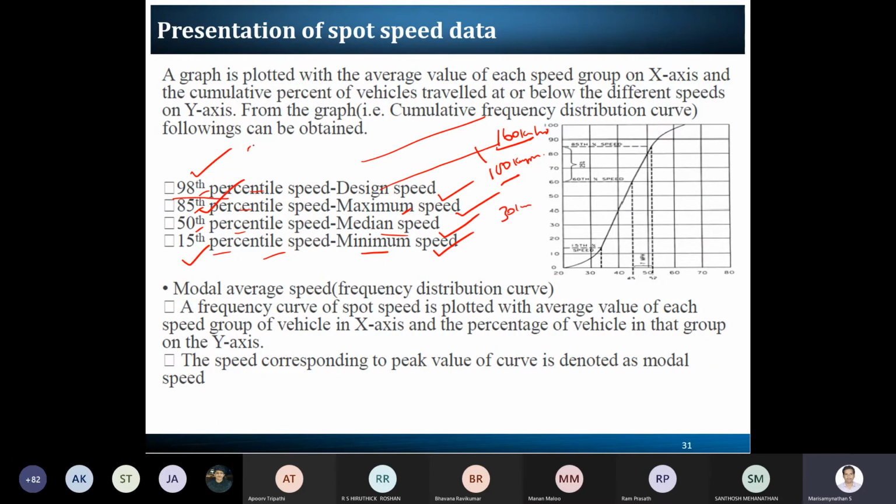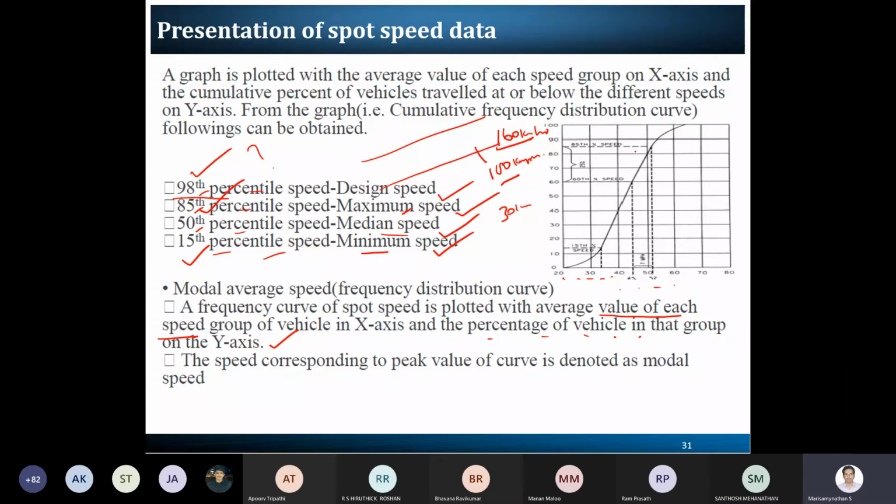How are we getting the 98th percentile speed? Basically, we plot a graph between the frequency of the vehicle, the cumulative frequency of the vehicle, and the speed. The average value of each speed group of the vehicle is plotted on the X axis, and the percentage or cumulative value of the vehicle is plotted on the Y axis. When we connect all the points together, you will get a bell shape or S type of curve.